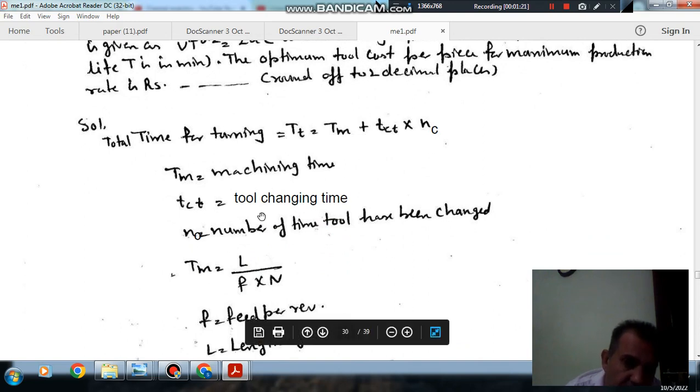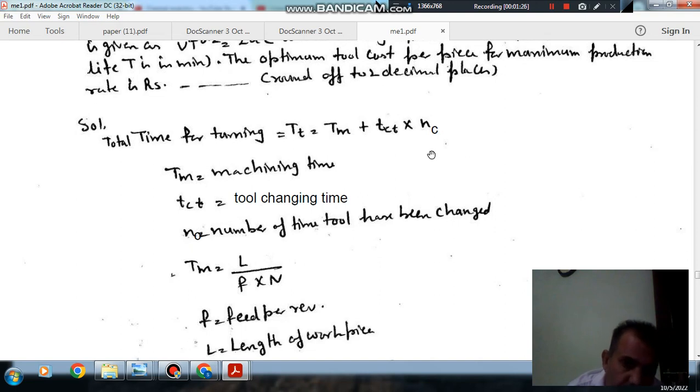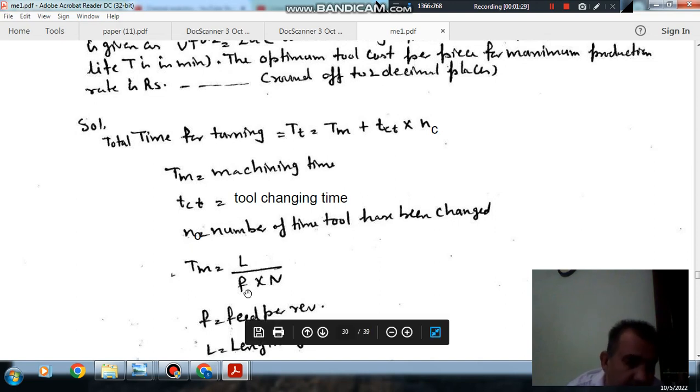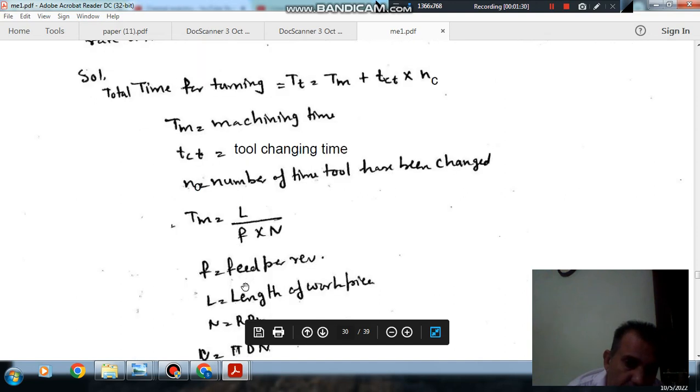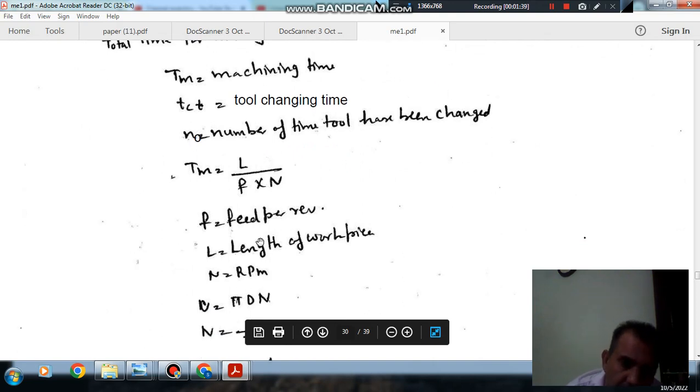As Tm is your machining time, we have to machine L length of workpiece, and the feed is F. F is in mm per revolution, and N is the RPM of the shaft.